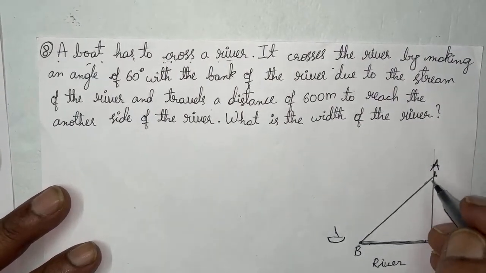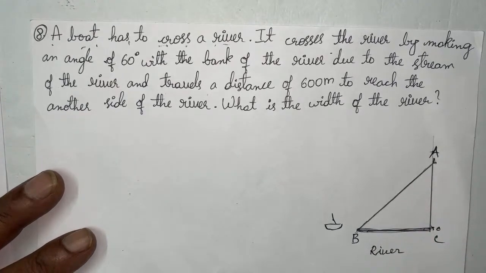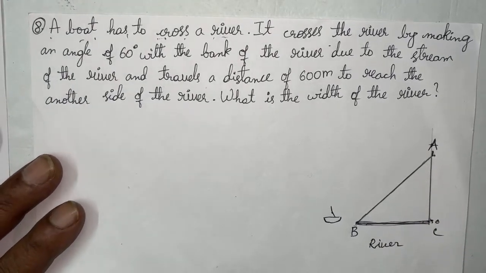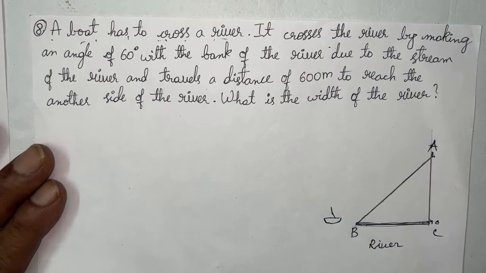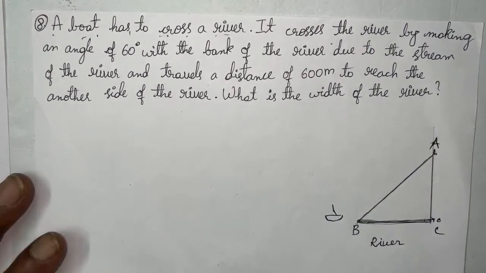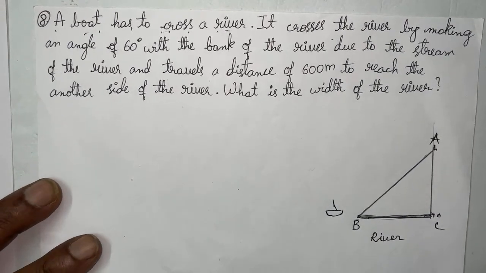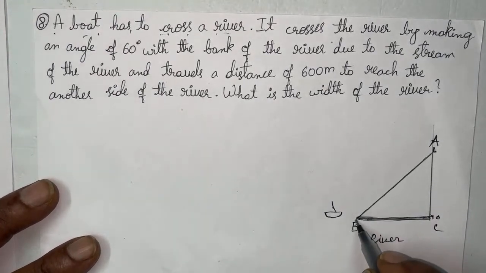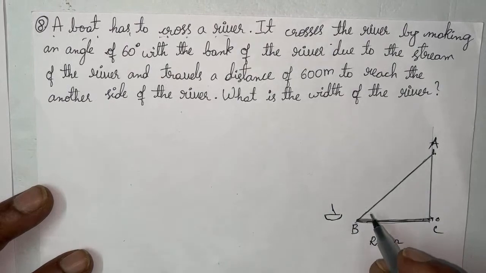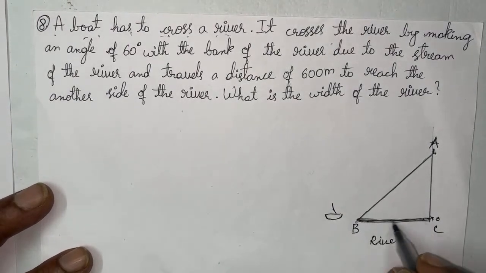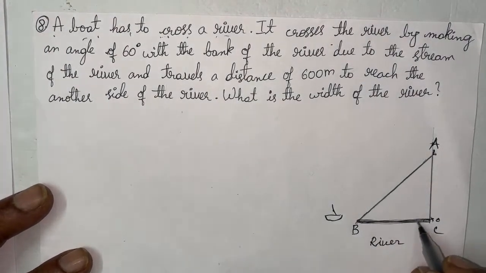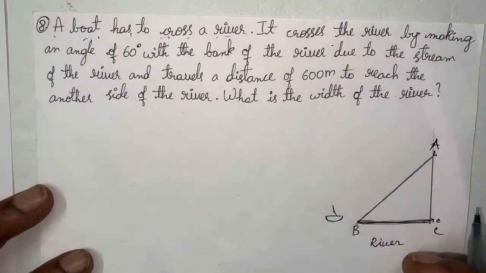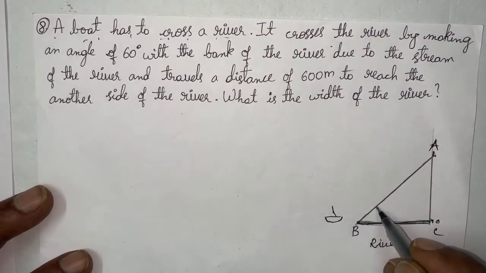In the villages, people know how strong the water current will be. In the cities, we don't know because we haven't seen such water currents. Even a perfect swimmer cannot go directly like this. The water current is too high, so he has to balance.